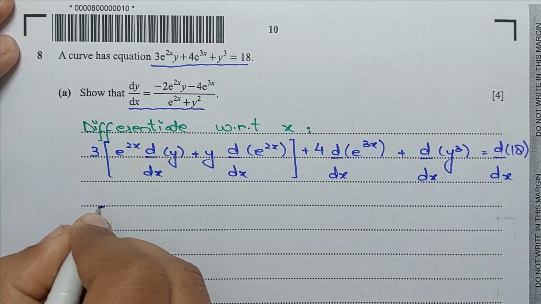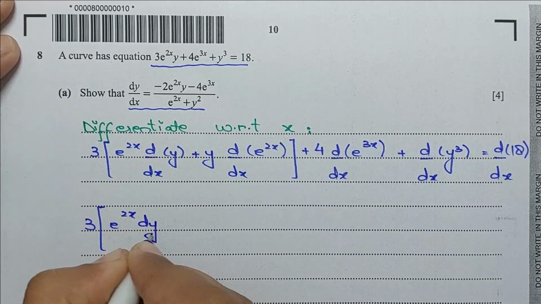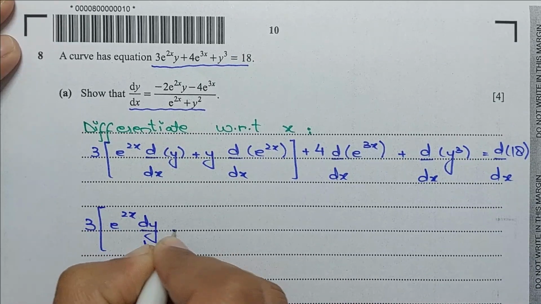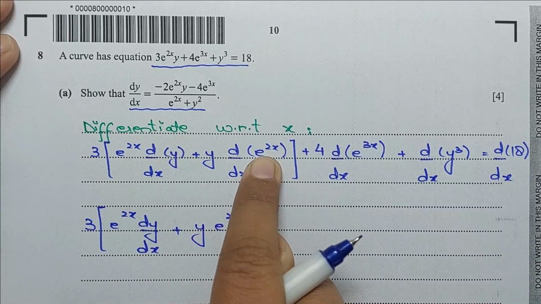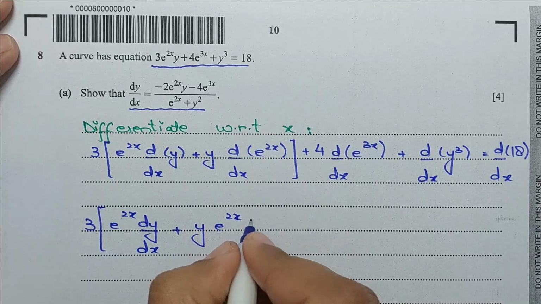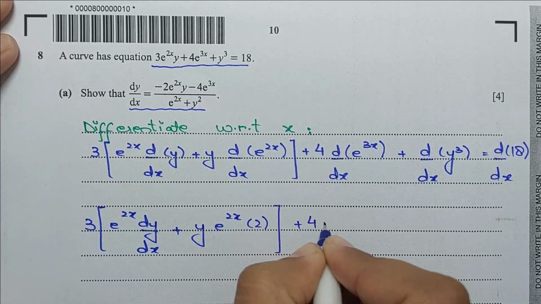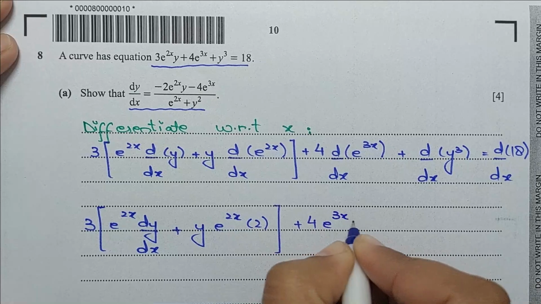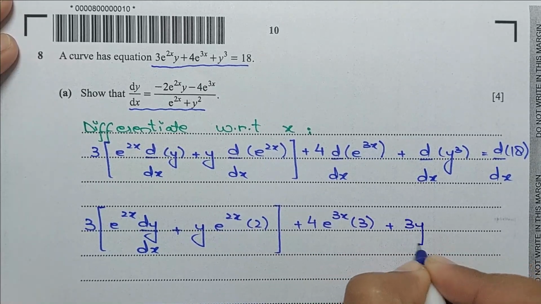Here we have 3 e to the power 2x dy over dx plus y e to the power 2x, whose derivative is e to the power 2x, and the derivative of 2x is just 2, plus 4 e to the power 3x, and the derivative of 3x is just 3, plus 3y square.